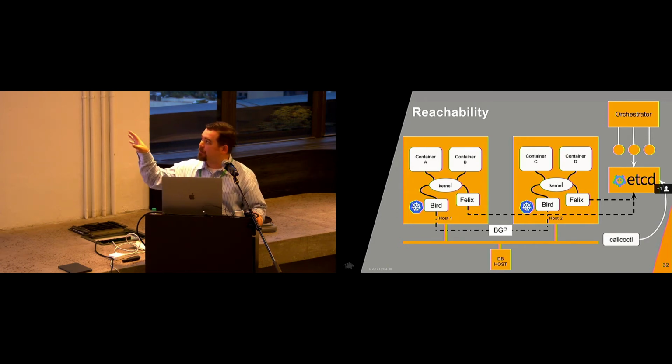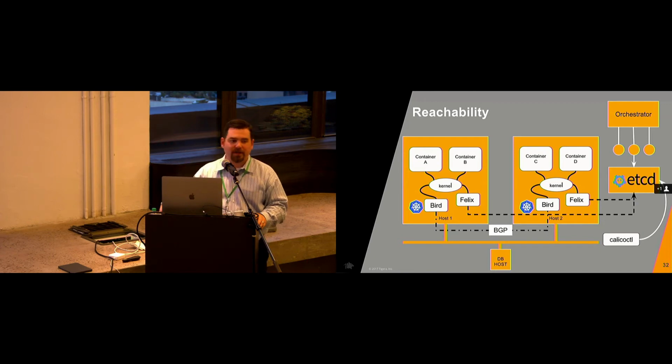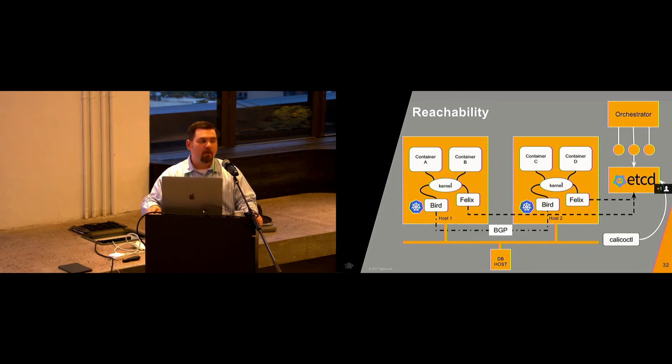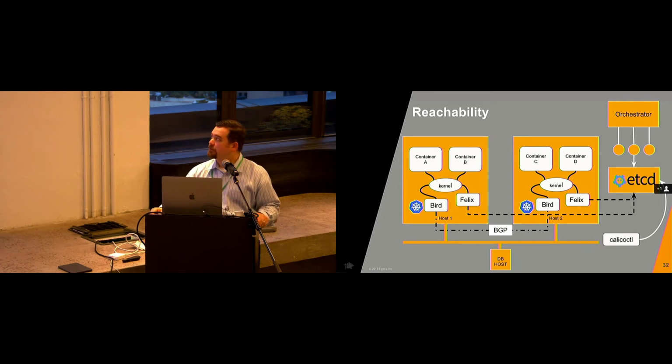And so the data store for Calico can either be updated via Calico Cuddle, or in some cases, we've got plugins atop that are watching metadata, everything from what containers and pods have been created to, in some cases, network policy, and updating the data store as well. So we have a compatibility layer so that if you're more comfortable using something like Kubernetes network policy, you can do that instead. There are some features, though, that aren't supported that you have to move to the native Calico solutions to get.